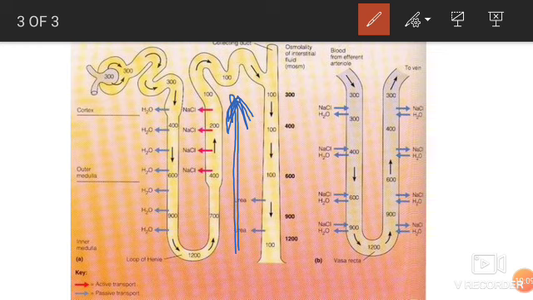Moving up the ascending limb, from 1200 it goes to 700, 400, 200 and then 100. This osmolality is decreasing. Why? Because we are losing sodium. When sodium is lost, concentration is lost. So here we can see it's 100.